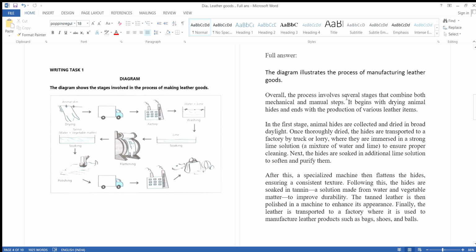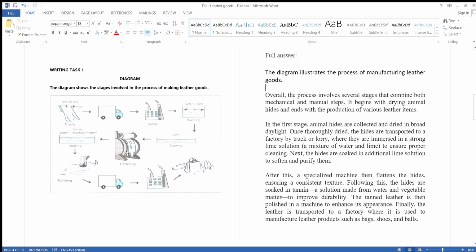Instead of the word many, we have used the word several, which is little formal. So several stages that combine both mechanical and manual steps. When you see the diagram here, that is a use of machinery and the goods are being transported, the animal skin is being dried, it is soaked in lime water for washing. So who does all this?